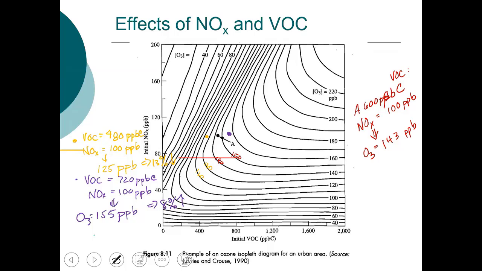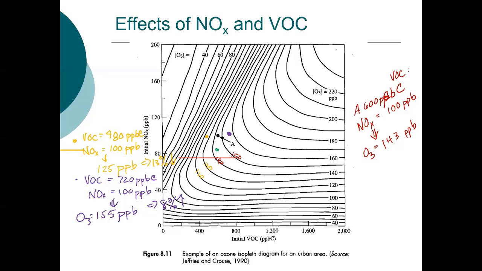We can similarly look at keeping the VOC concentration constant, but reducing the NOx. So let's reduce the NOx by 20%. Go back to the original concentration.